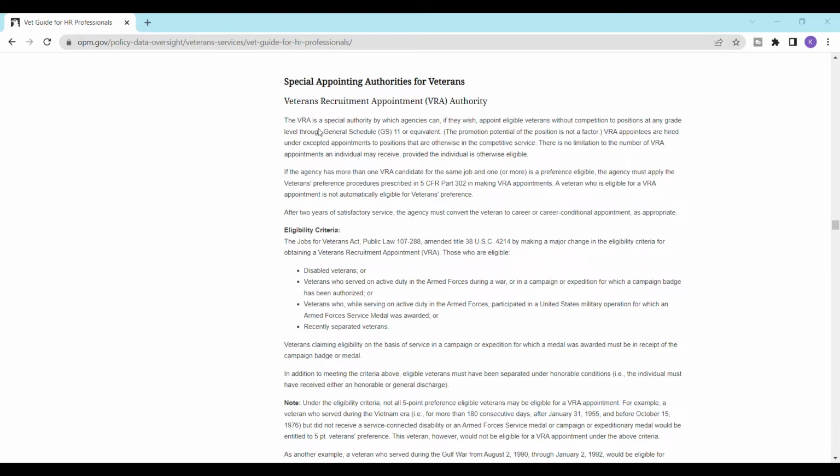This first section, VRA, allows you to have status on announcements that are not open to the public, but are open to what we call status candidates. These are the announcements that have all the hiring authorities. They'll be open for facility employees, agency employees, other federal employees, reinstatement eligibles, VRA, VEOA, Schedule A, every authority that you can imagine.